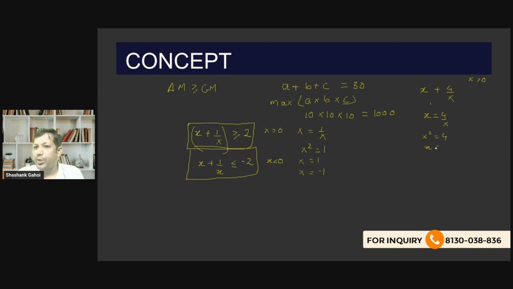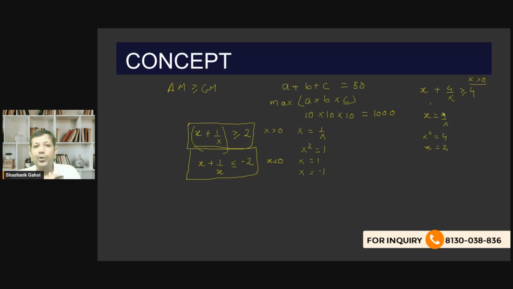So x comes out to be 2. And why am I not taking minus 2? Because x is positive. So just put 2. So 2 plus 4 upon 2 is going to be 4. So this function is always going to be greater than or equal to 4. So the minimum value of this function is going to be 4.